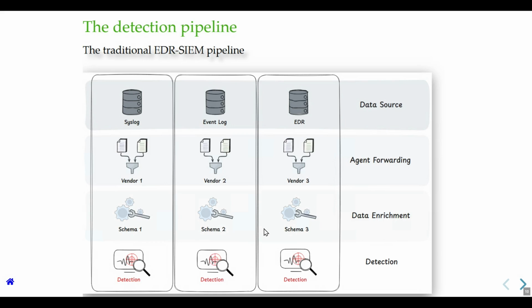And by forwarding these events from the original data source, they normally need to go inside some kind of database. So we need to coalesce that data into a schema, because it has to go into a structured data store. And then at this point, we may do some data enrichment. We might go to virus.org, get some hashes, enrich with some other data, GeoIP location, that kind of thing.